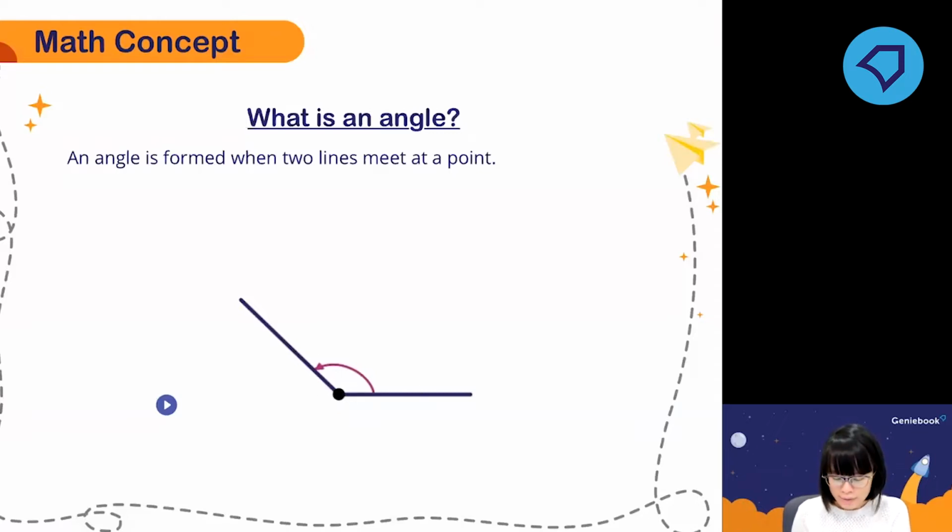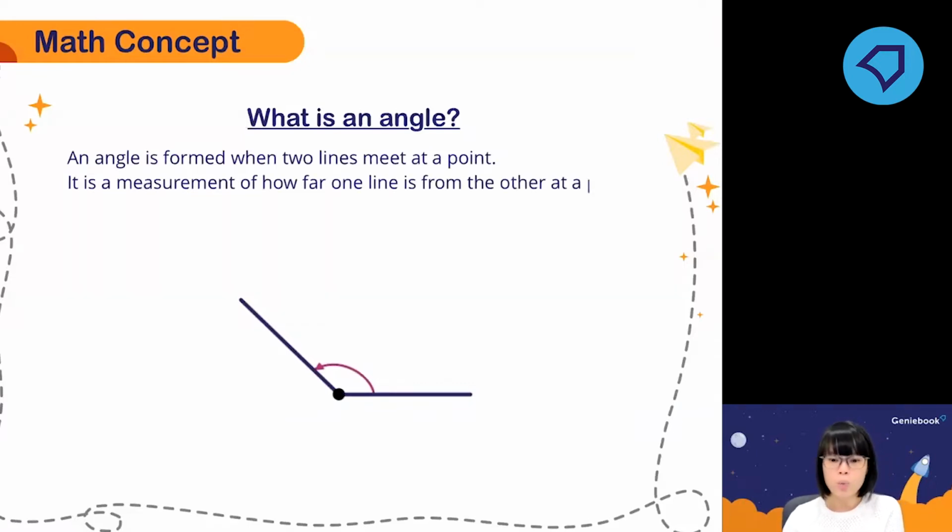If there is a corner, a sharp corner, we can say that there's an angle between these two lines. It cannot be a circle. It has to be straight lines. So it is a measurement of how far one line is from another at a point. Imagine my hand again.